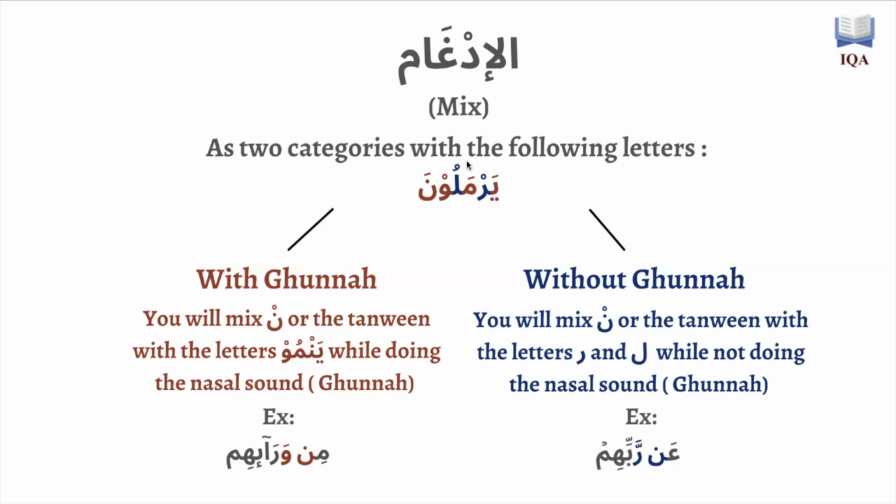So with the ra and the lam, you're going to do idgham, mixing the noon or the tanween with the ra or the lam, but without the nasal sound. These are the two different types of idgham, depending on the letter coming after. If it's one of the yanmu letters, the letters in red here, then it's going to be with ghunna. But if it's done with the lam or the ra, it's going to be without ghunna, like al-rabbihim.